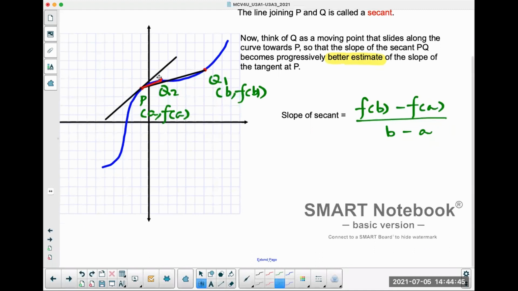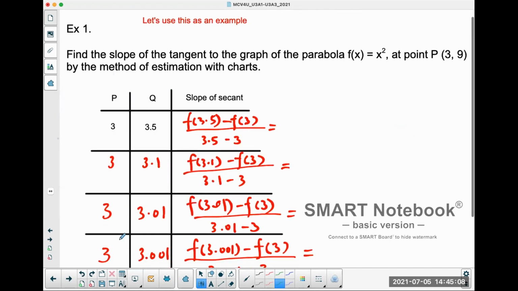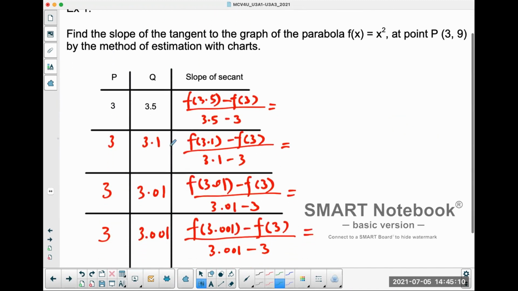As you can see here, what we're doing is still finding the slope of a secant between 2 points. It's just that the second point is getting closer and closer to point P, so the slope of the secant becomes a better estimate of the slope of the tangent. And we introduced this idea of getting better and better by showing you this example.